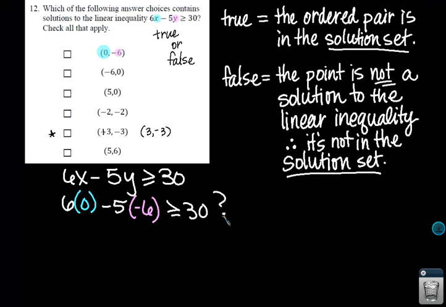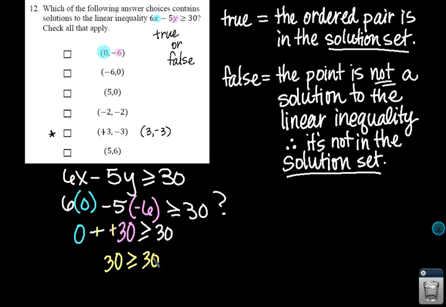So what is 6 times 0? 0. What is 5 times negative 6? Okay. Subtracting a negative is the same as adding a positive. So I can change this subtraction to addition and change the sign of the number. So I have 30 is greater than or equal to 30.